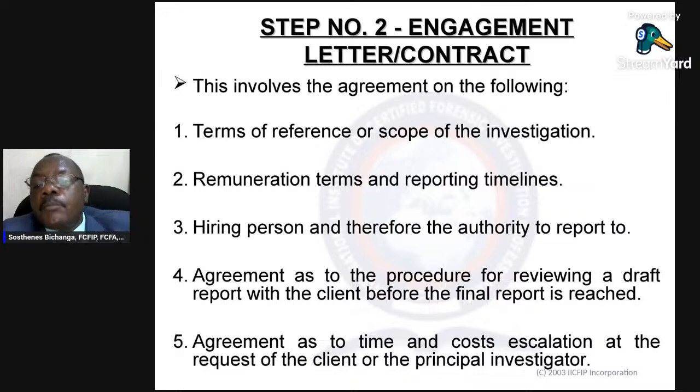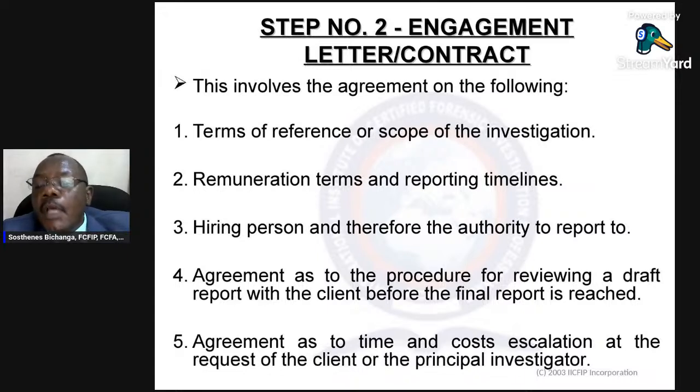The initial draft report is issued to the client, who goes through it and sends it back with comments, and then the investigative team updates the report and comes up with a second draft report, which will also go to the client.